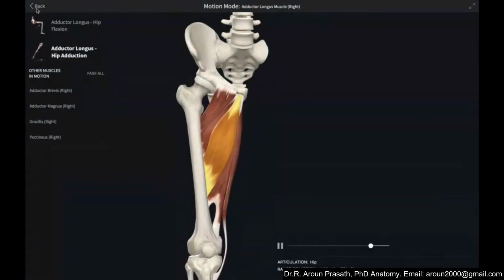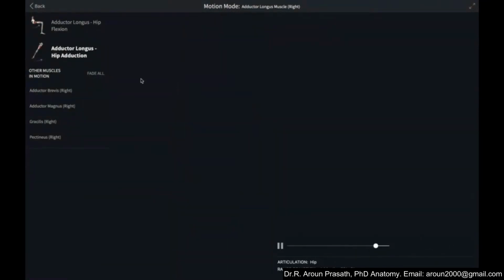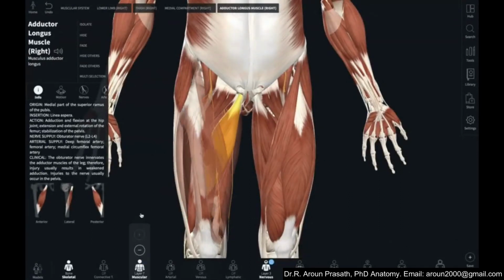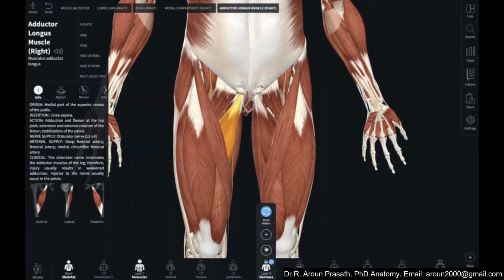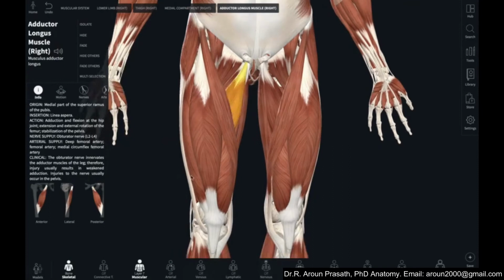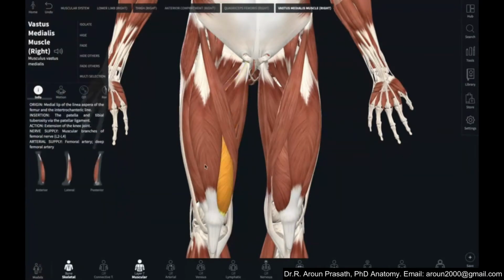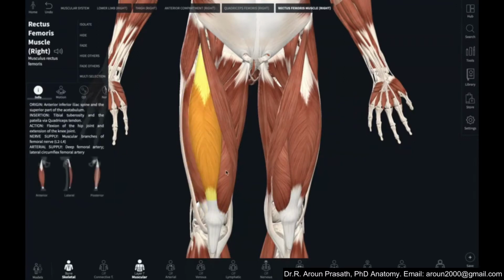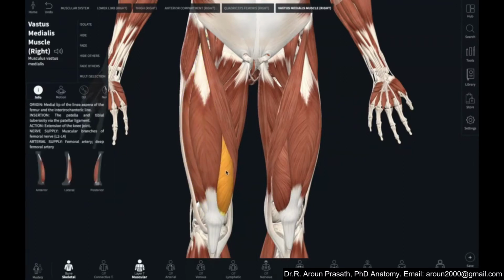Now we will go to the muscles present in the anterior aspect of the thigh. So better I keep all the muscles back. Muscles of the anterior thigh are innervated by the femoral nerve.